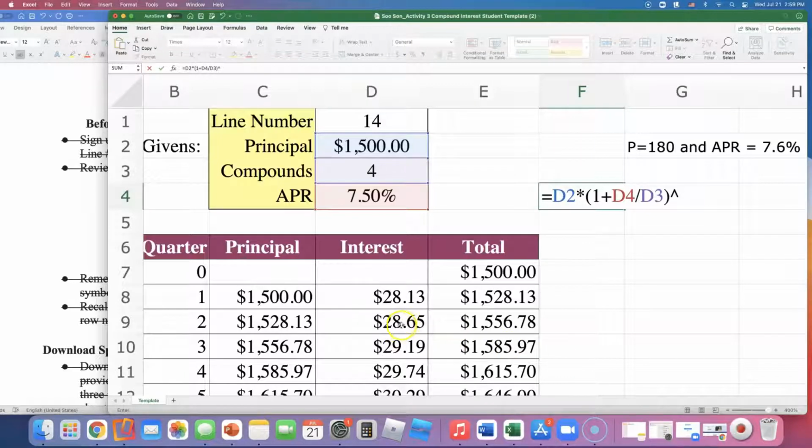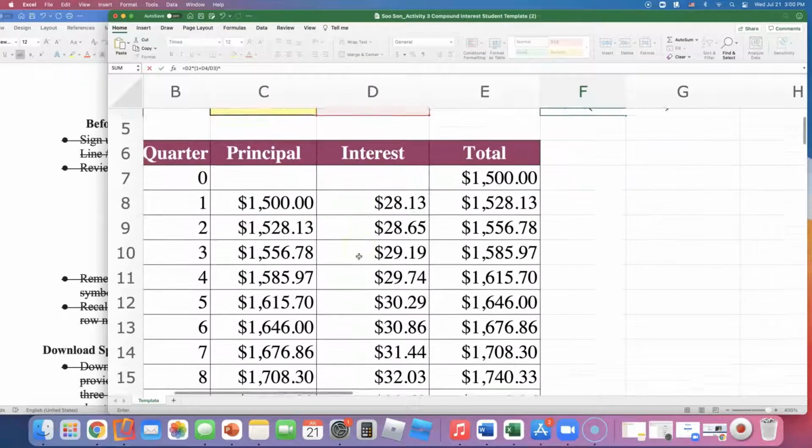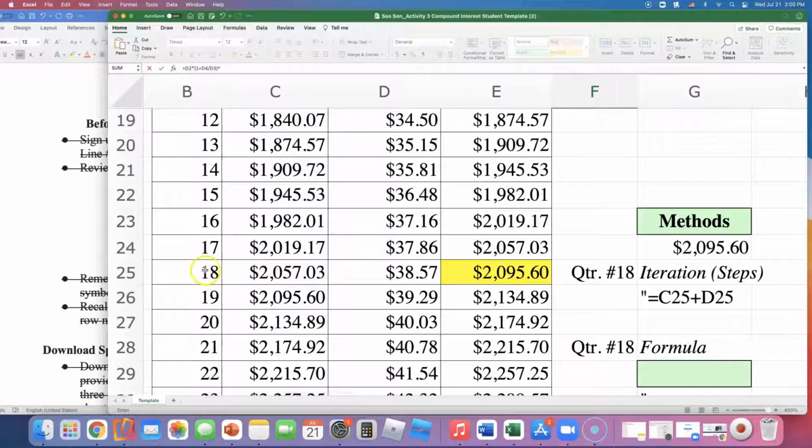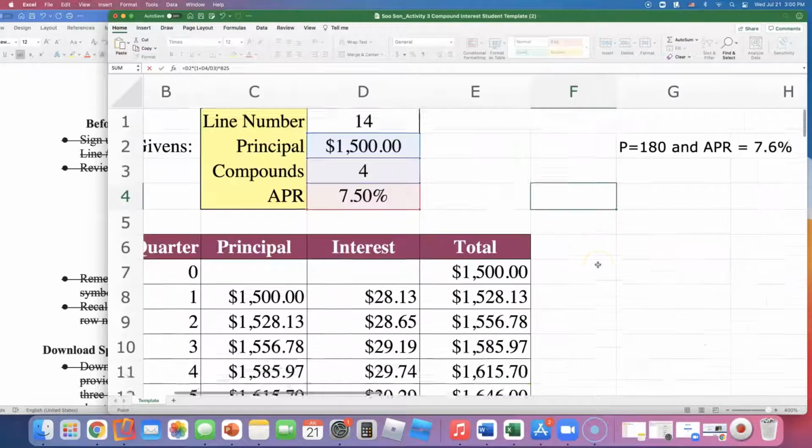In the exponent it would be compounding period times number of years to figure out how many quarters we have in all these years. But we're looking at a specific number of quarters, quarter 18, right? So I'm going to click on this cell, and that should be it.